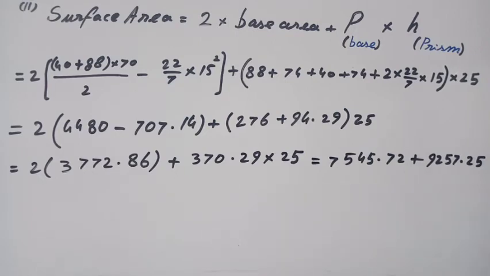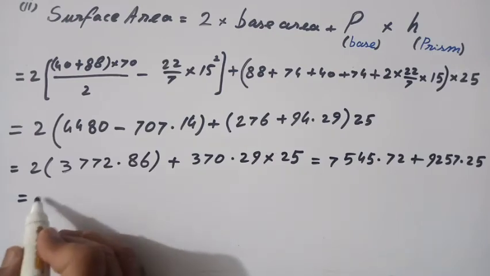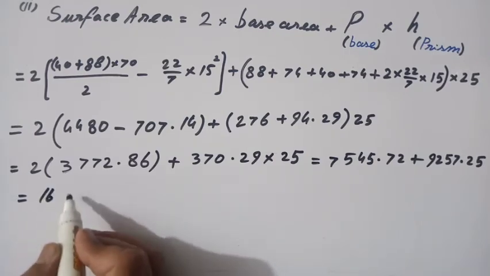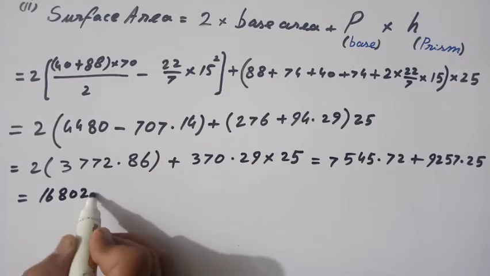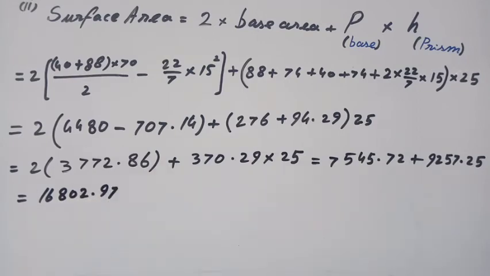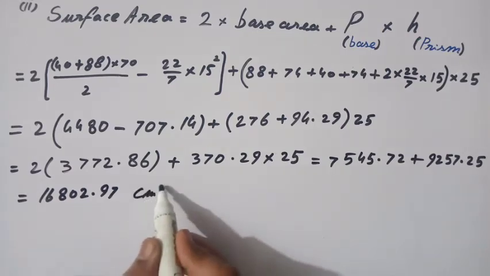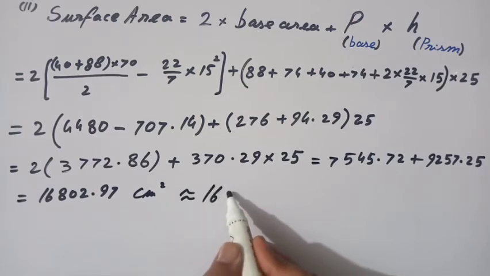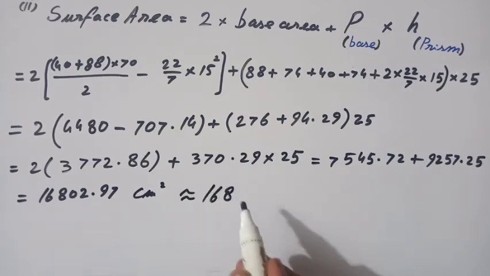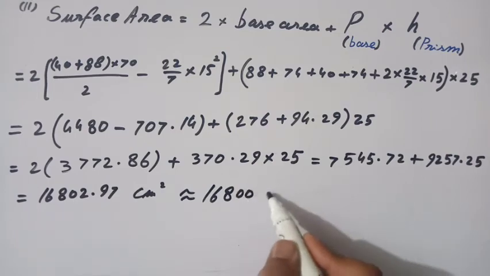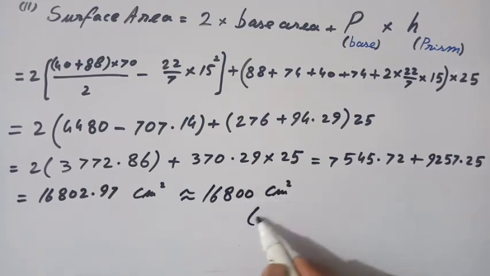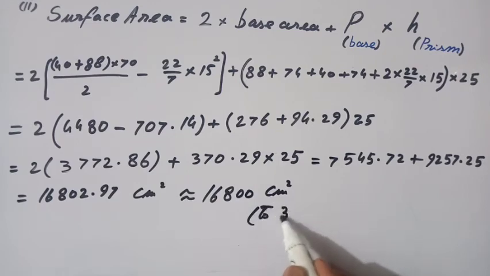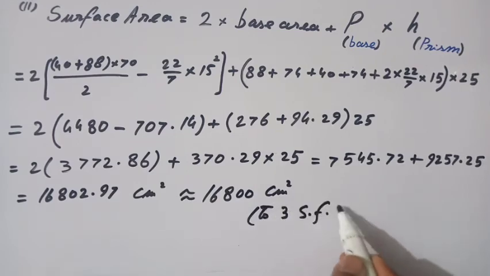Now sum of these two, it becomes equal to 16,802.97 centimeter square, which is nearly equal to 16,800 centimeter squares to 3 significant figures.